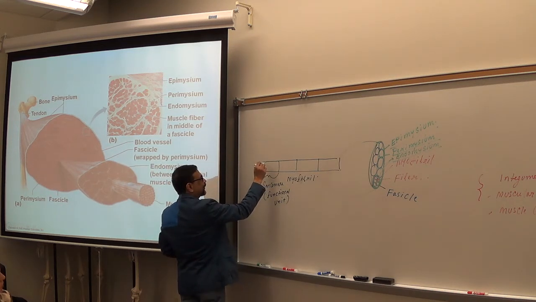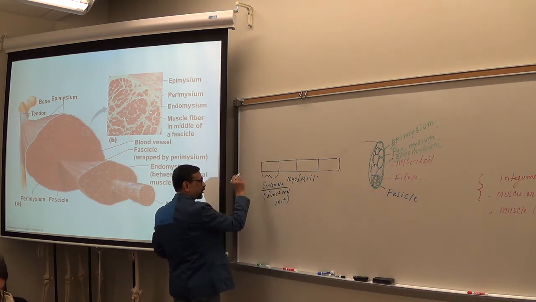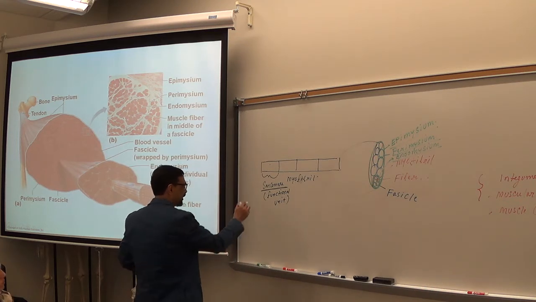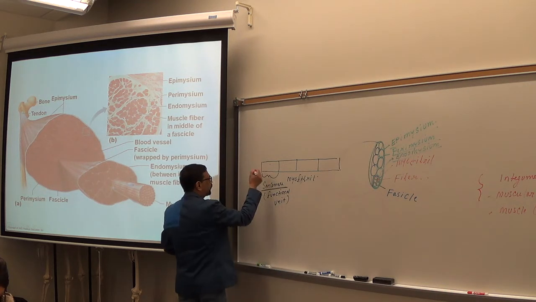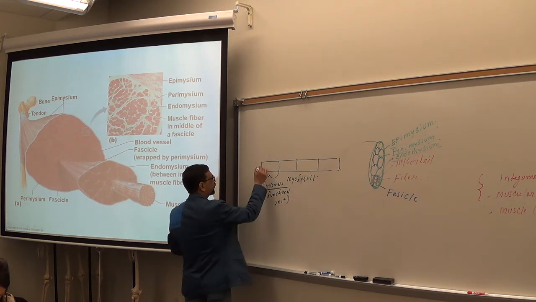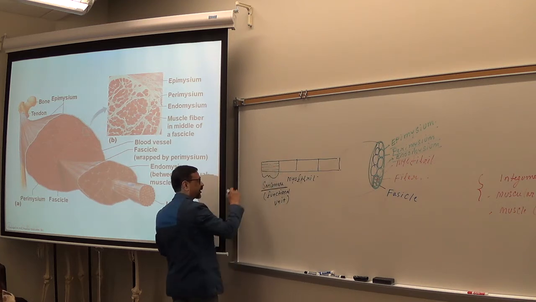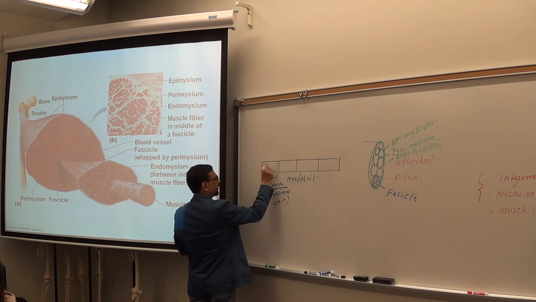Okay. Now, if I see a sarcomere under a very powerful microscope, like an electron microscope, inside the sarcomere you have filaments. Two types of filaments are present inside the sarcomere: thick filaments and thin filaments.